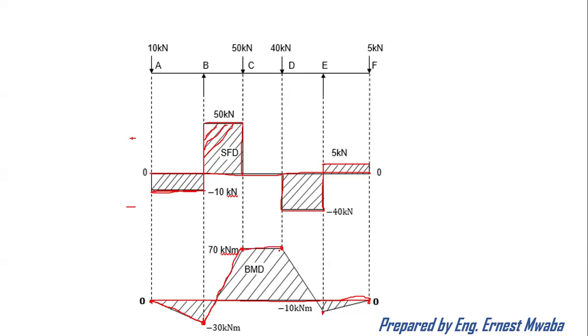D to E, another line joining them, just like that. Then E to F, another straight line. Remember, use your instruments. Once I'm done with this, I may decide to hatch or put those lines inside, or I may not do that because the boundaries are clearly seen.